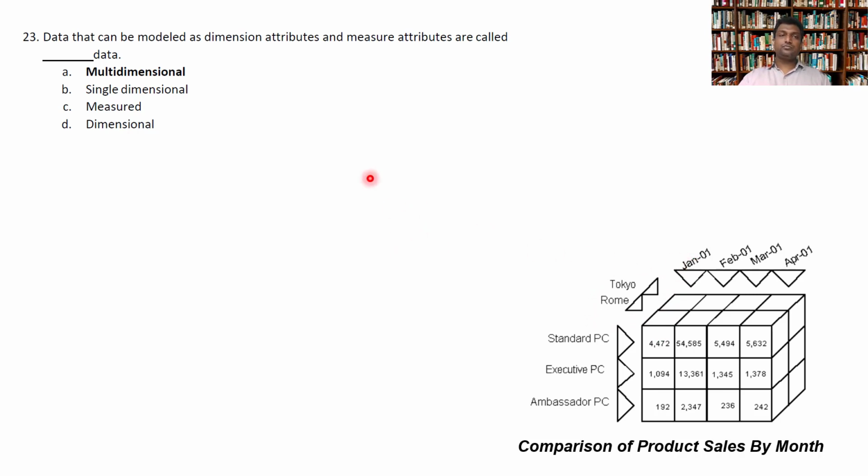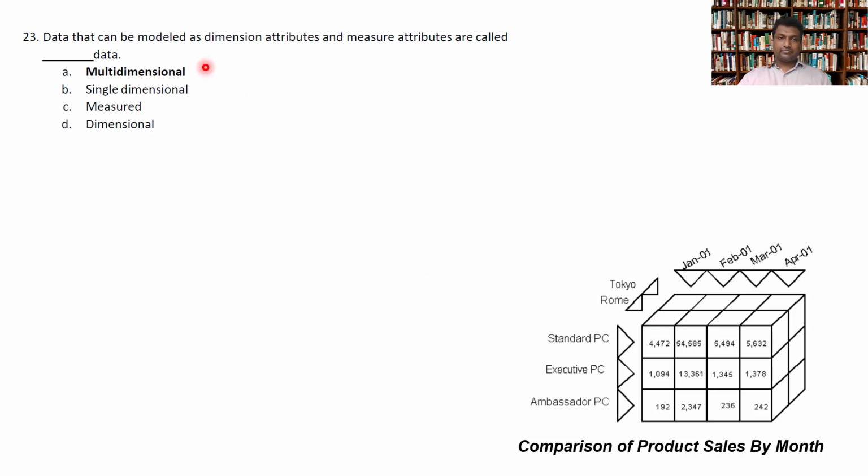So if the data can be modeled according to the dimension attributes and the measure attributes, this is multi-dimensional data, right? So this data, this 4472, has multiple dimensions. It has a time dimension, where January is the time dimension, and it also has the location dimension, right?